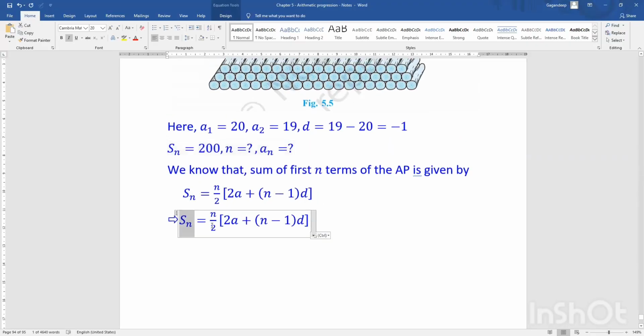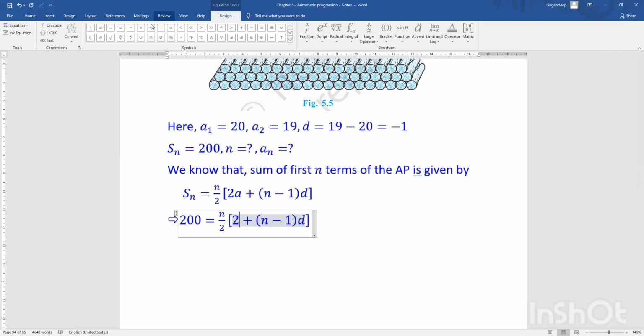Sn value is 200, so 200 equals n by 2 into 2a, a value is 20, plus n minus 1 into d value, d value is -1.